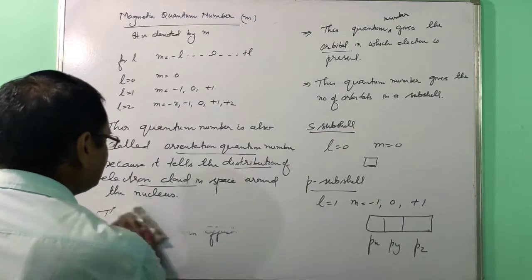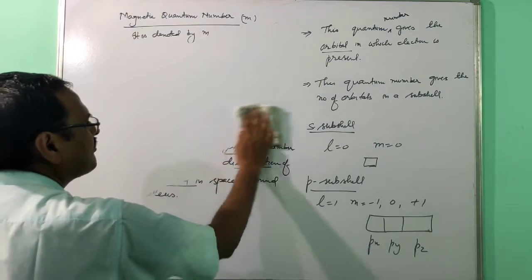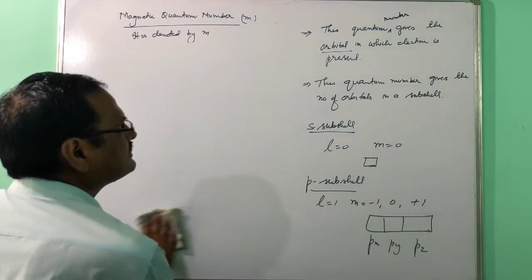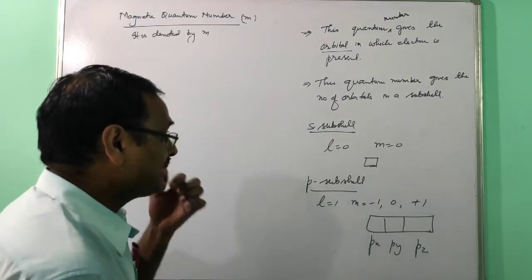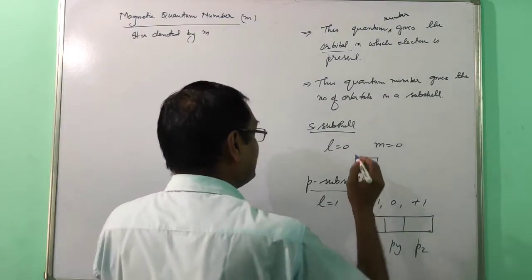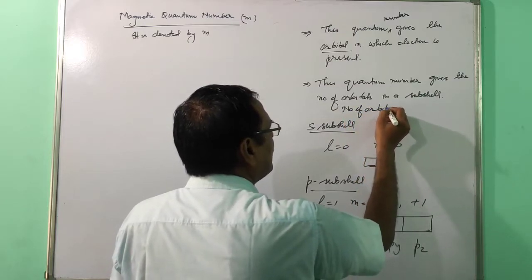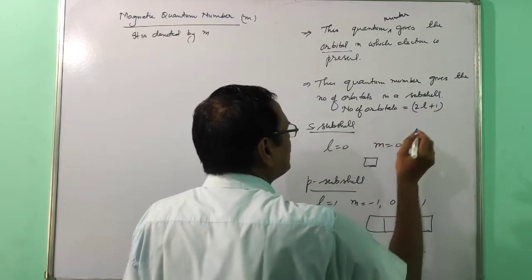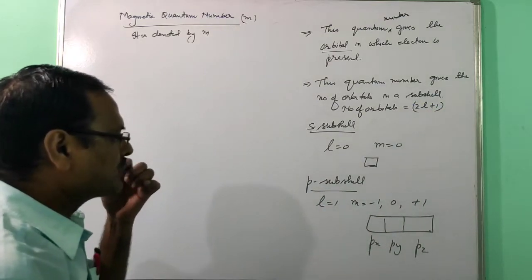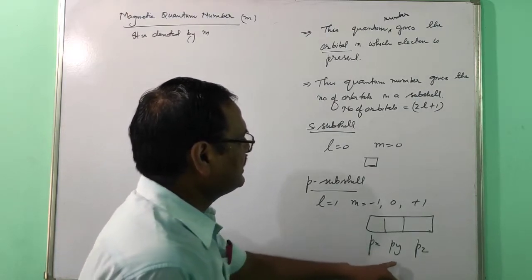So for the P subcell, 3 orbitals are there: Px, Py and Pz. And this formula is there: number of orbitals is equal to 2L plus 1. Just apply 2L plus 1 here, then 2 plus 1, you get 3 orbitals.